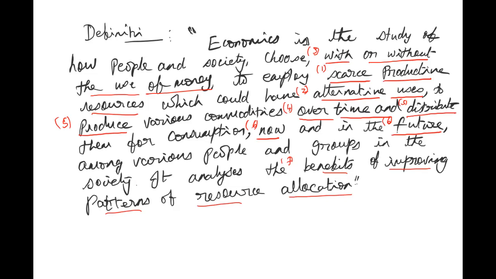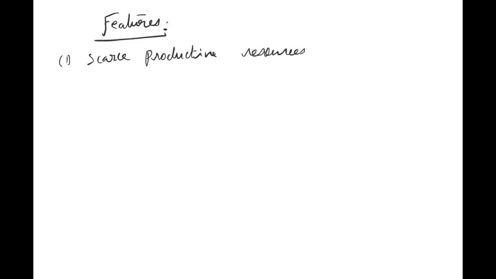Based on this, scarce productive resources which could have alternative uses, you can understand what that means, with or without the use of money. So let me write on a separate page the features. You can pause the video, highlight whatever I have highlighted and mark it like that. Then you will be able to understand the definition as well as frame the features of the definition. The first one, what did he mention? Scarce productive resources which could have alternative uses.